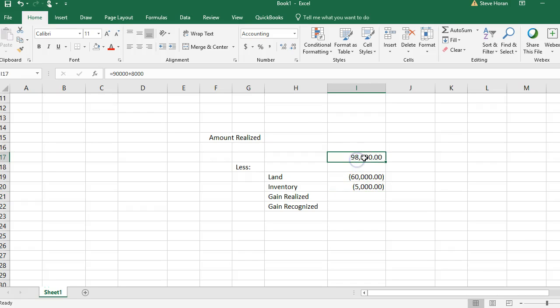So she's contributing 98,000 of fair value. So let's say FV for fair value, and her basis was 65. Now, also keep in mind that she's got $15,000 worth of loan. Loan release. And I should maybe just put that over here.